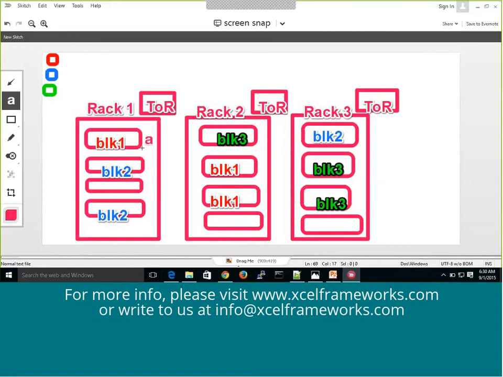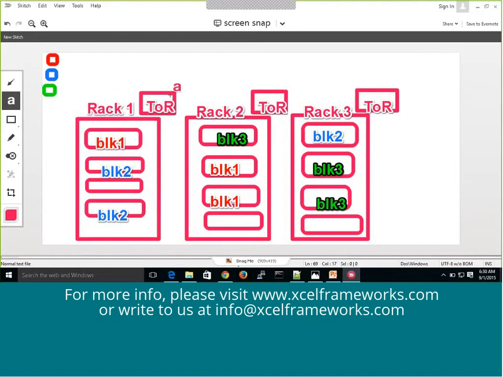The reason is that the communication between the nodes within a rack is very fast, because it doesn't need to go out and there is no network involved. In the sense, there is no LAN, and it doesn't require network bandwidth. Because these are within the rack, you have a switch here with which they all communicate with each other. So communication within the rack is very fast.